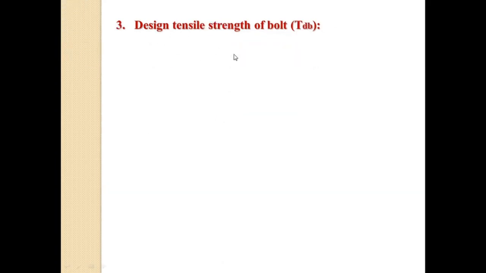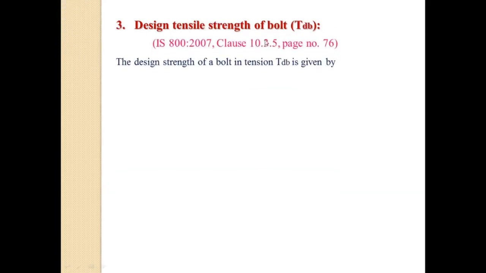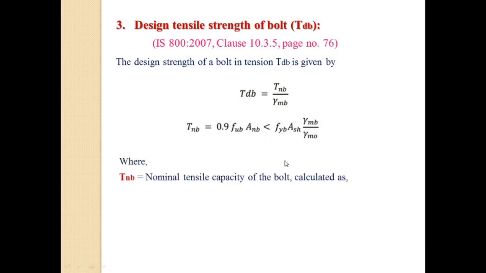And lastly, the design tensile strength of bolt, that is TDB. For that we refer to page number 76 of IS 800:2007, clause number 10.3.5. The design strength of bolt in tension, TDB, is given by TNB upon gamma MB, where TNB is equal to 0.9 Fub An, which shall be less than Fyb Asb gamma MB upon gamma M0.